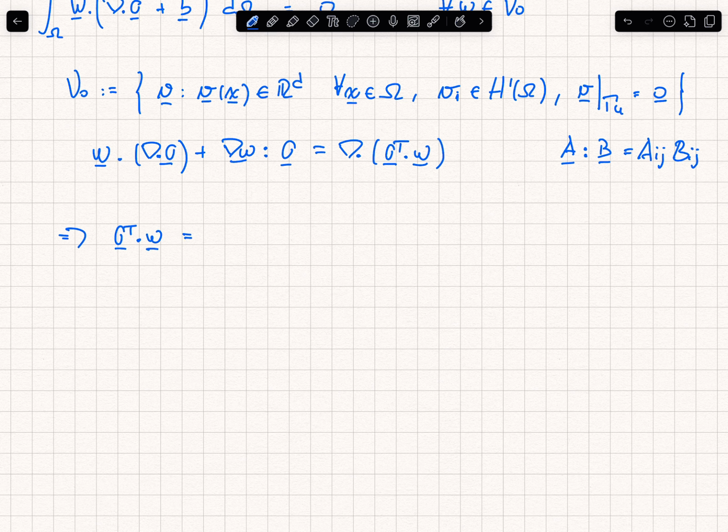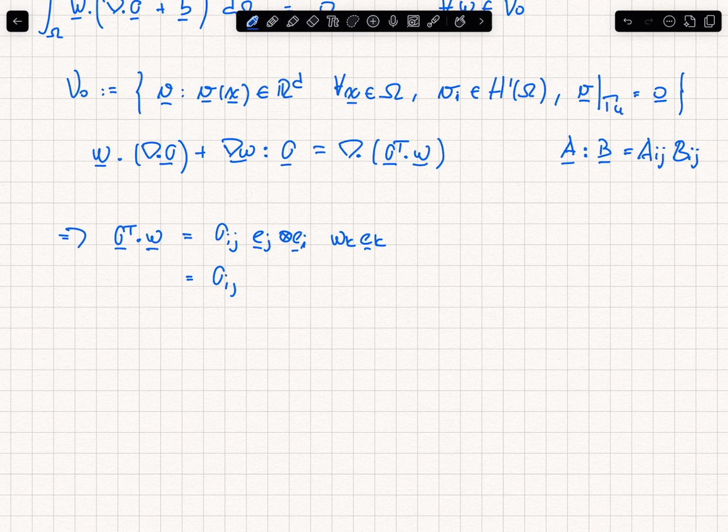Well, by definition, this sigma transpose is sigma_ij e_j tensor e_i, because of course it is transposed, and W is w_k e_k. So now in this operation you have a tensor operating on a vector, so that is basically going to lead to the Kronecker delta_ik.